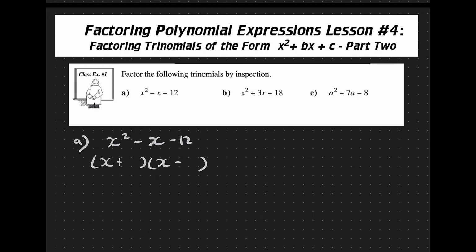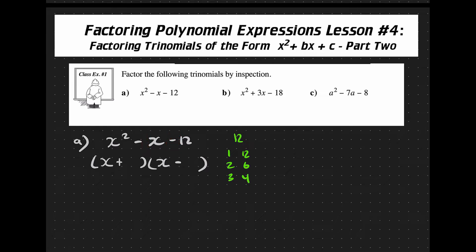Now I've got the number 12: 1 and 12, 2 and 6, 3 and 4 can be multiplied together to achieve a product of 12. And in this case, what this means is they're going to be subtracted to give us a value of -1.